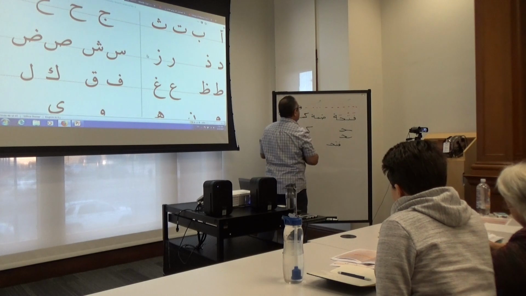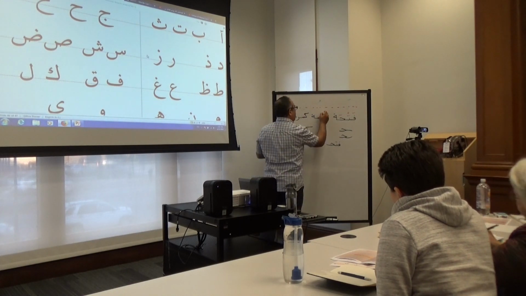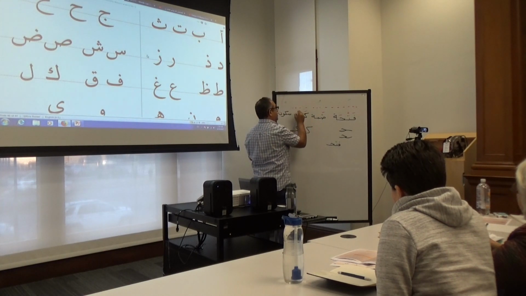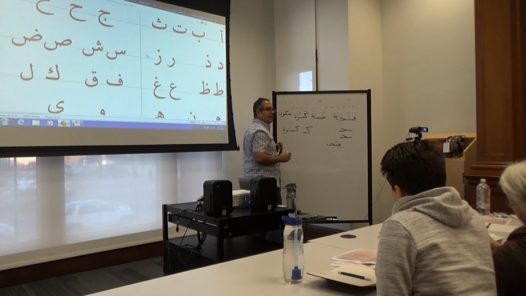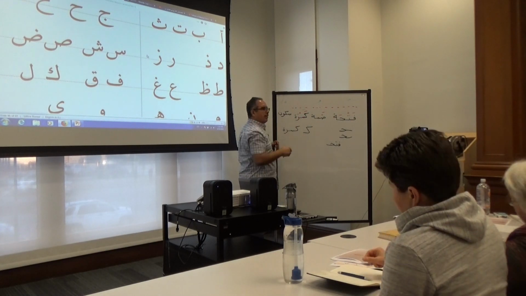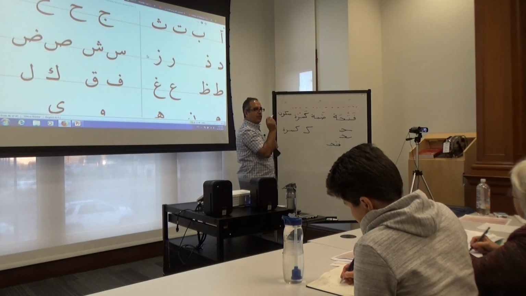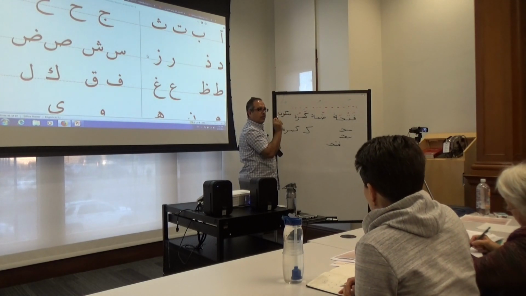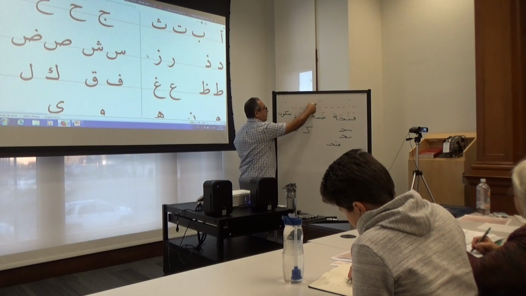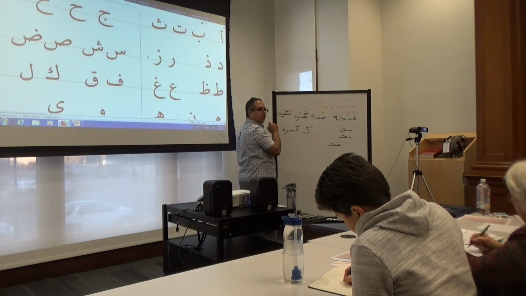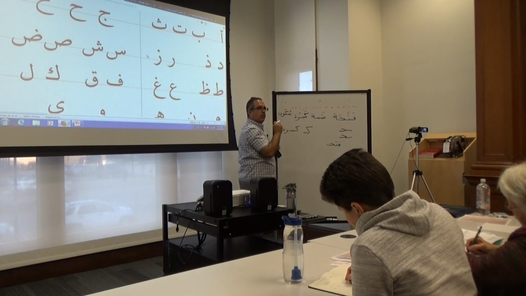So this is fatha. This is ba, dhamma. Okay, kasra, kasra. This is su. So what is it? Su. It's not suk, it's suku.